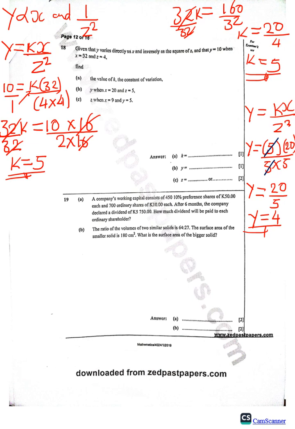Now let's look at the last part for question 18. Find the value of z when x is equal to 9 and y is equal to 5. So the equation is y is equal to kx over z squared. So the value of y is 5, k is 5 also.